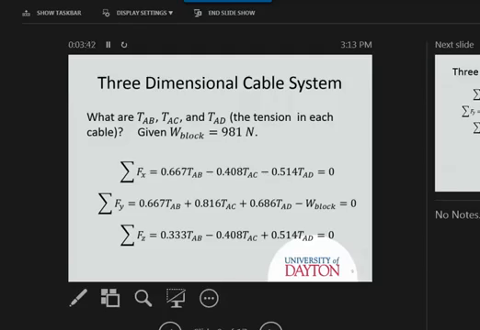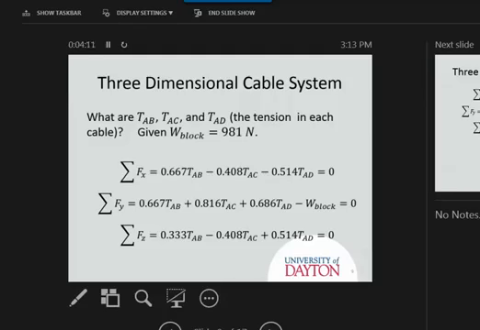My A matrix comes from all the unknown terms that I have. So in equation number 1, I pick off all the things that are multiplied by my unknowns, and I pluck those out and put them in my A matrix. So my A matrix is going to be a big matrix, and it's going to be organized just like I have my equations here.